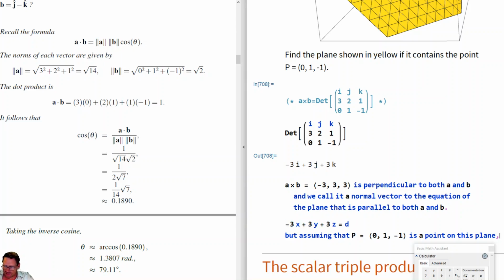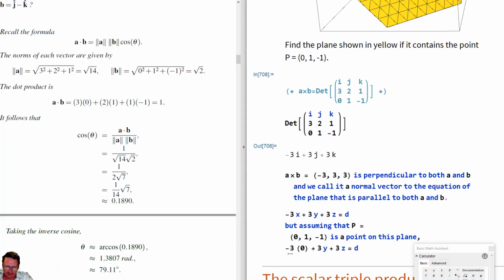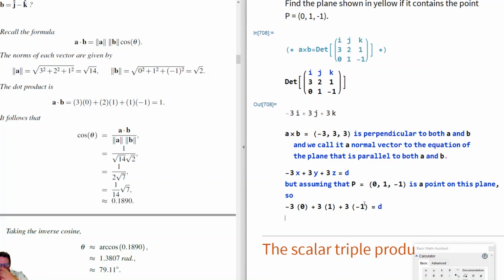So I'll copy this, paste it below, and I'll sub in the 0, the 1, and the minus 1. And you'll see that allows us to solve for d. Okay, now let's simplify this. So we've got minus 3 times 0 is 0. So d is equal to 0 plus 3 minus 3, and you get 0 for that.